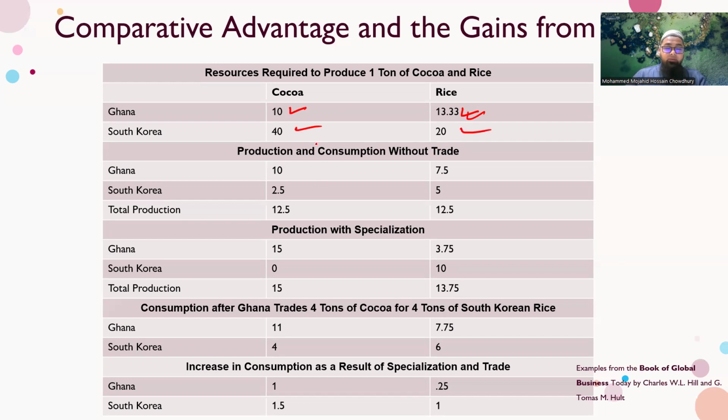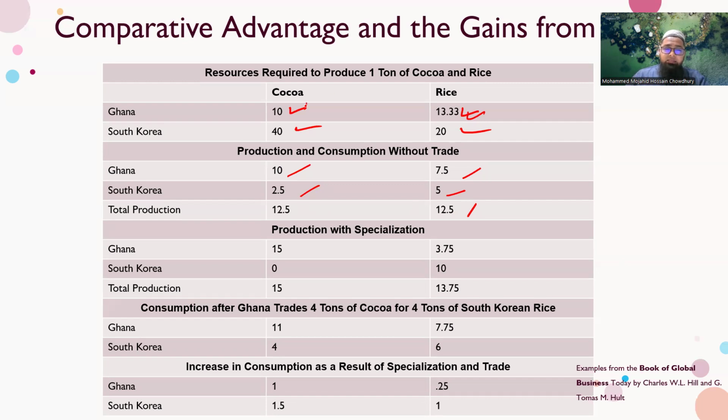If they do without trade, Ghana comes up with 10 ton cocoa, 7.5 ton rice, and South Korea comes up with 2.5 and 5 tons of cocoa and rice respectively. They come up with 12.5 and 12.5 in total production.